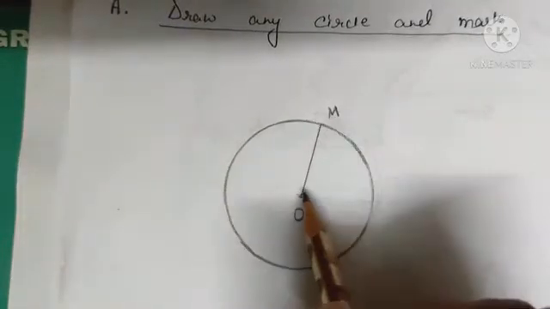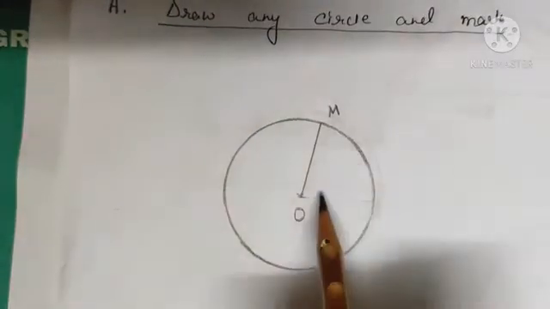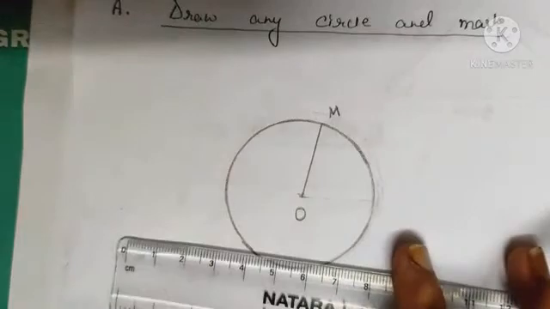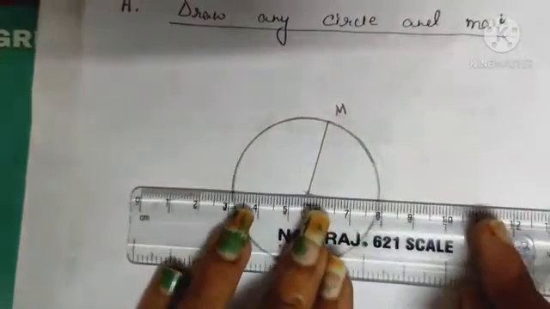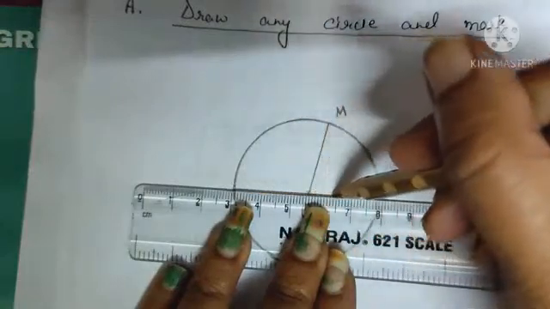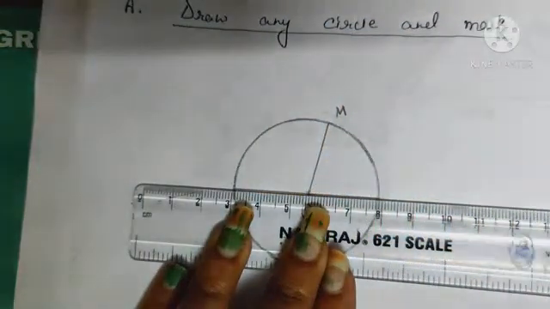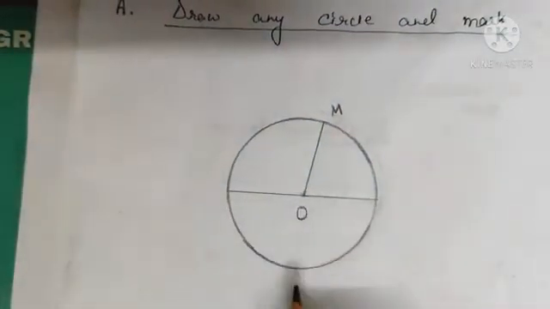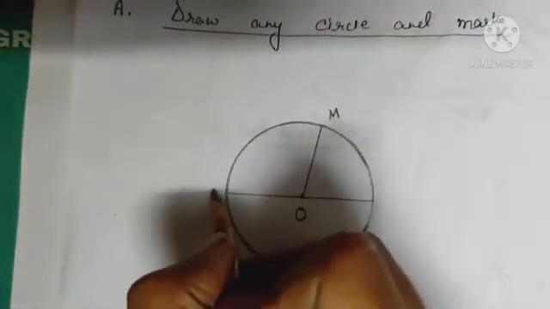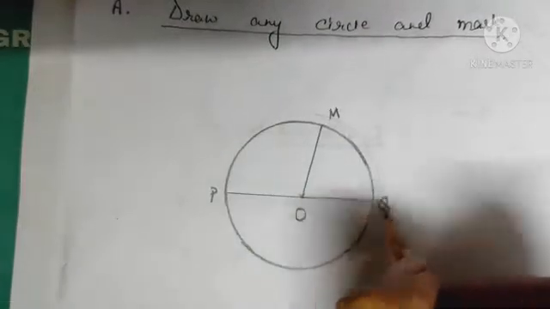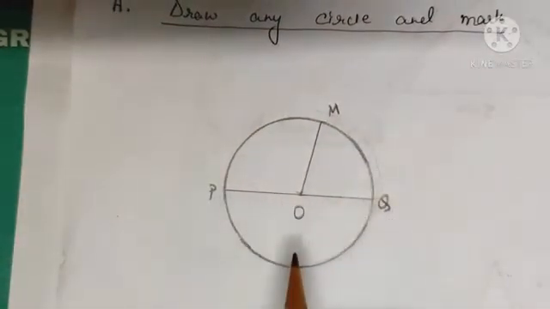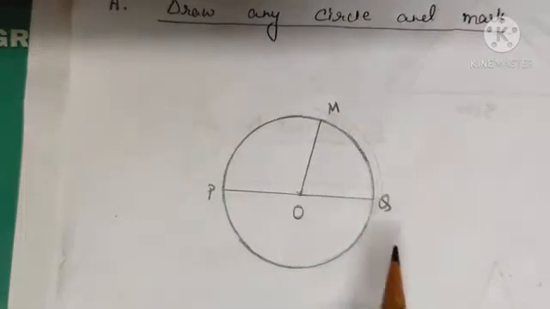You can draw the radius over here, or here, here. These are the radii. Now a diameter. We mark the diameter as PQ. A diameter is the longest chord of a circle.